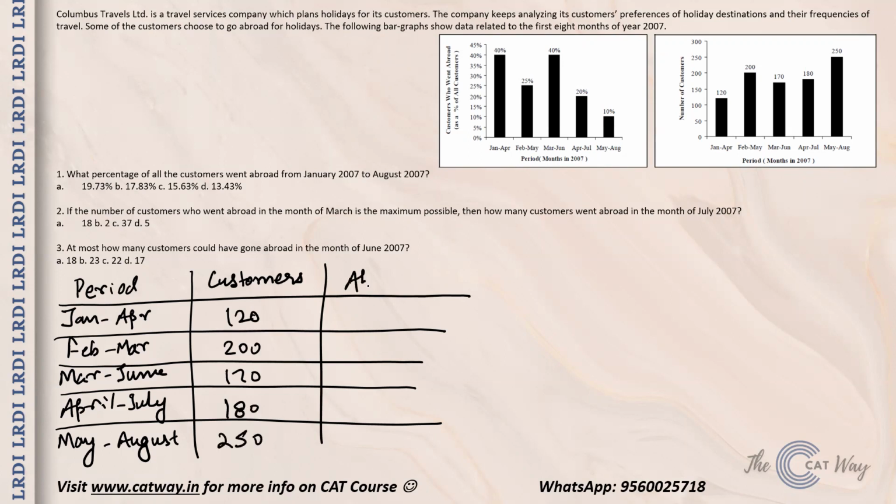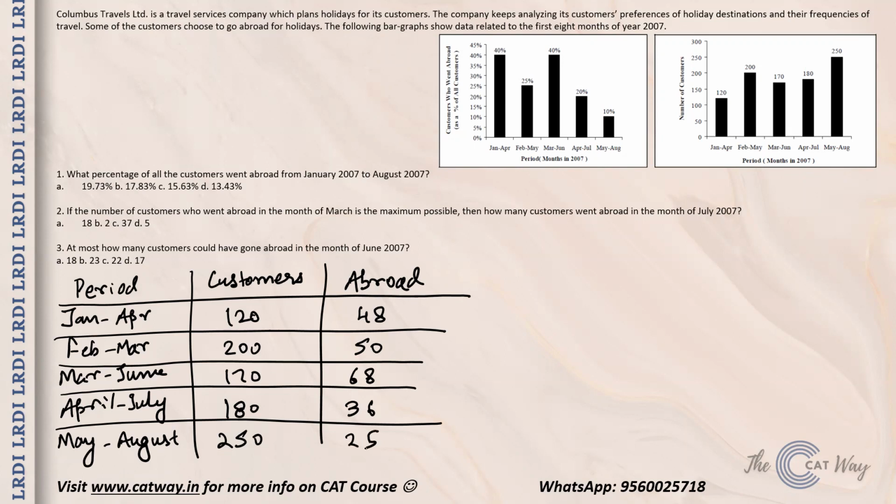And the percentage is given who went abroad. So between January to April, 40% went, that is 48 of them. 50 went in February to May, 68 went in March to June, 36 went in April to July, and 25 went in May to August.